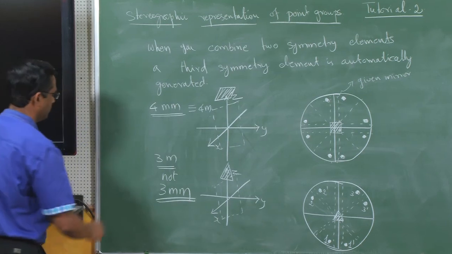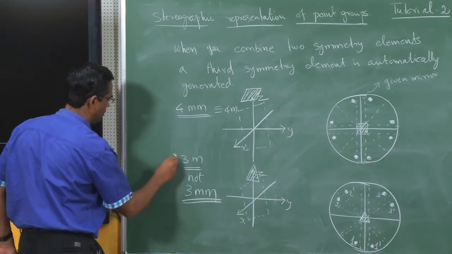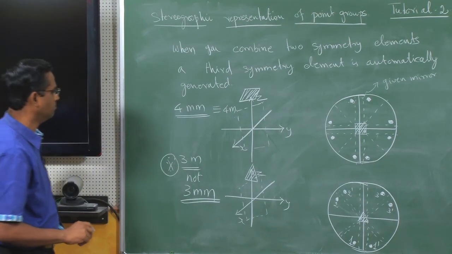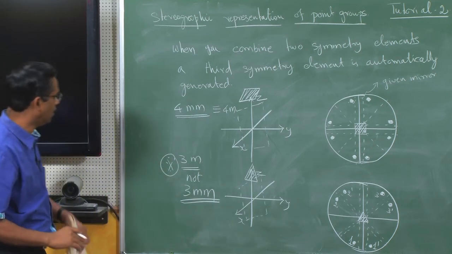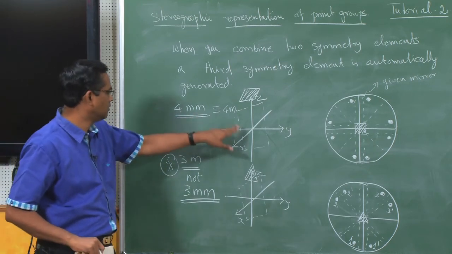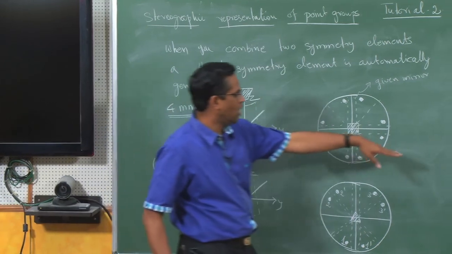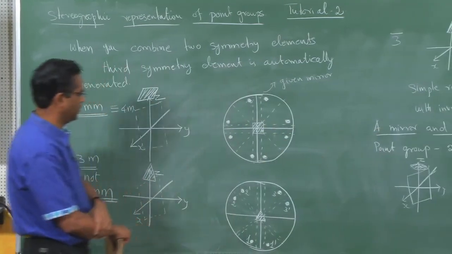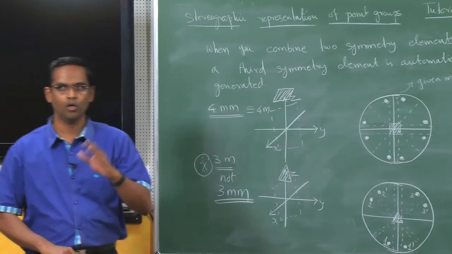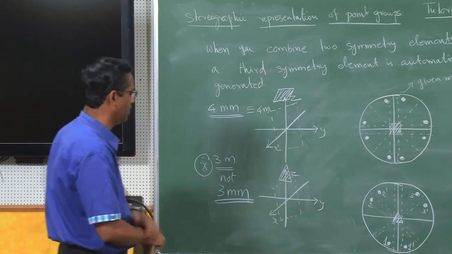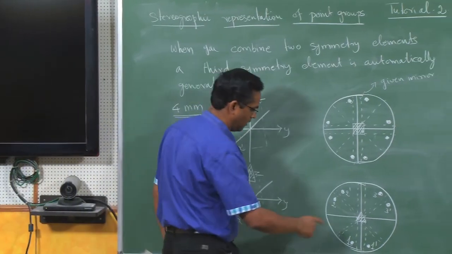This is very important: 3m is not equivalent to 3mm, but on the other hand 4mm is 4m, and 2m is equal to 2mm, since it is not producing 2 perpendicular mirrors in this operation. So, I will repeat.